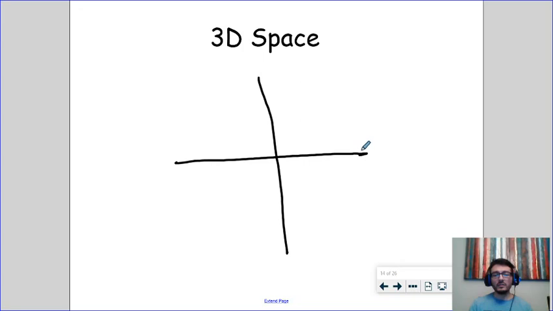So in grade 9 you learned that this is your x and this is your y axis. Okay, but there is actually a third axis. Now there's different ways to write x, y, z here.